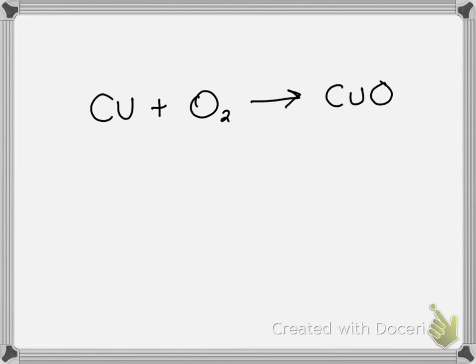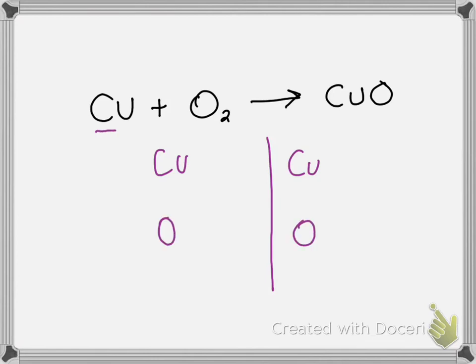So one of the first things we did was we added copper to oxygen, and it made copper oxide. So remember, the law of conservation of mass says that we have to have the same number of each type of atoms on both sides. And so I want to balance the equation. So I need to be sure that I have the same number of coppers and the same number of oxygens on both sides.